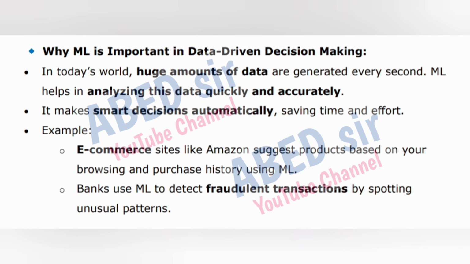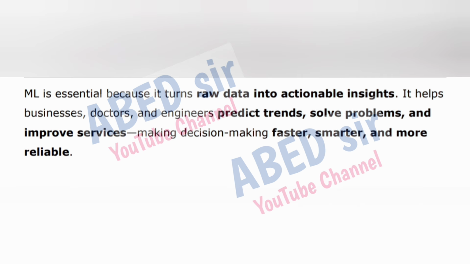Banks use ML to detect fraudulent transactions by spotting unusual patterns. ML is essential because it turns raw data into actionable insights. It helps businesses, doctors, and engineers predict trends, solve problems, and improve services, making decision-making faster, smarter, and more reliable.